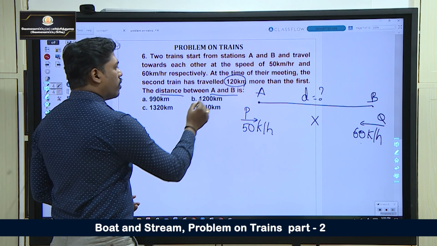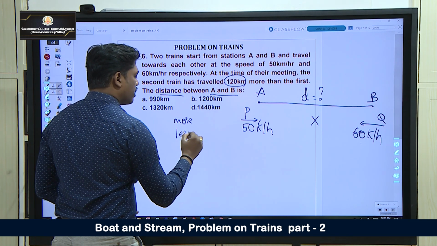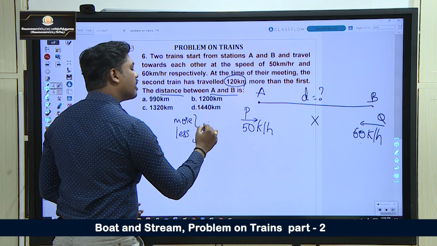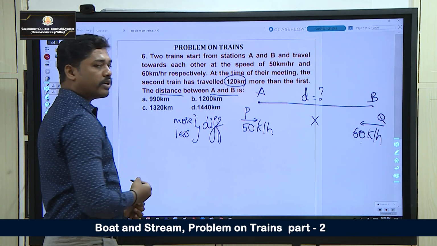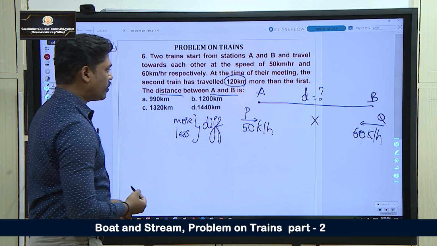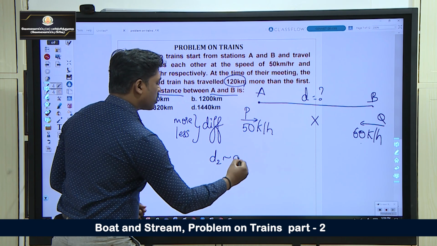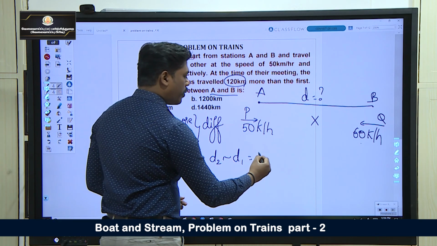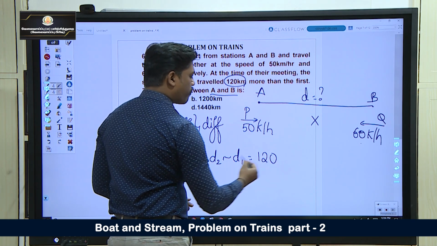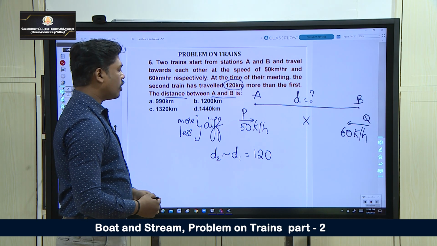That is more or less the difference between them. So the difference between the distances is 120 kilometers.